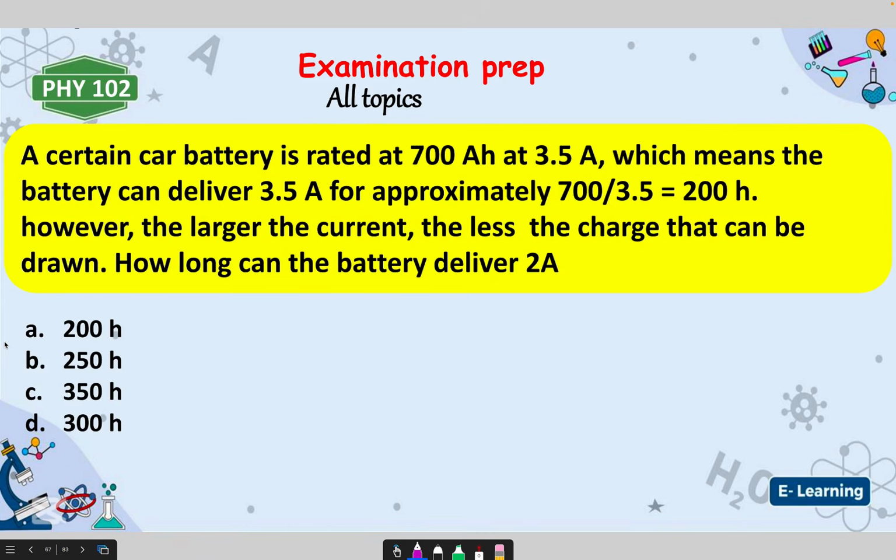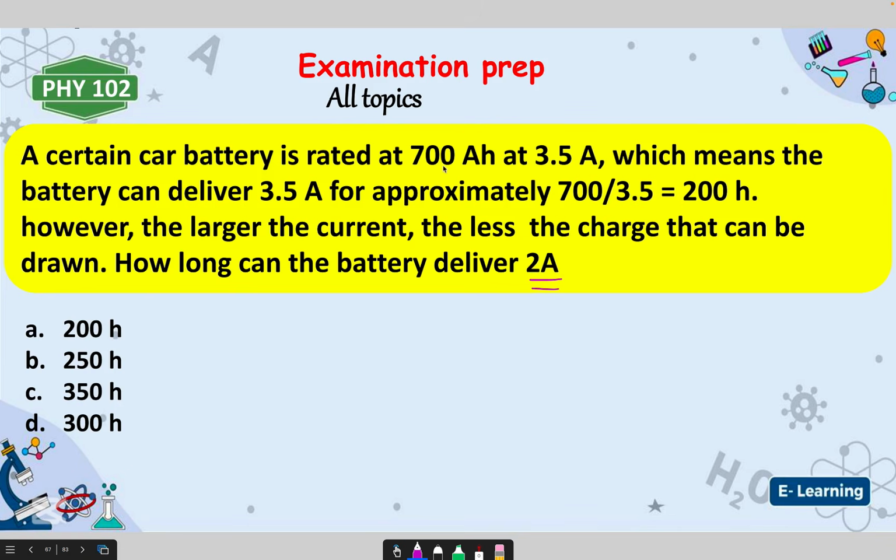Now, they say a car battery is rated at 700 Ah at 3.5 ampere, which means the battery can deliver 3.5 ampere for approximately 700 divided by 3.5, which is 200 hours. However, the larger the current, the less the charge that can be drawn. How long can the battery deliver 2 ampere?